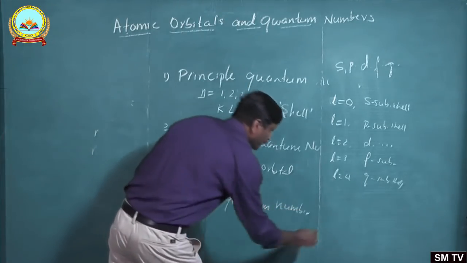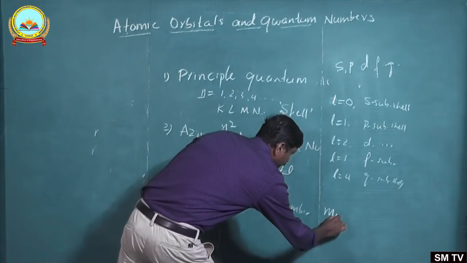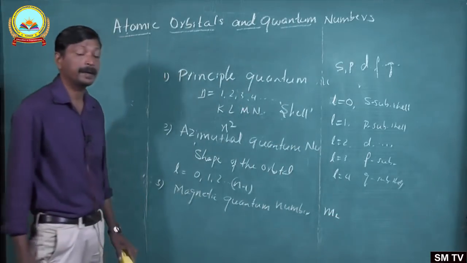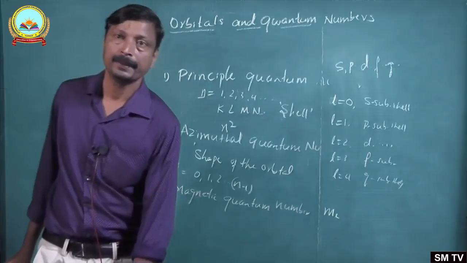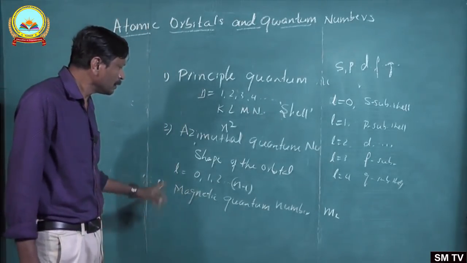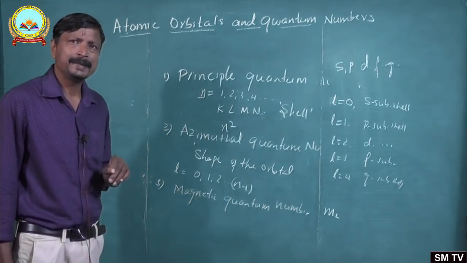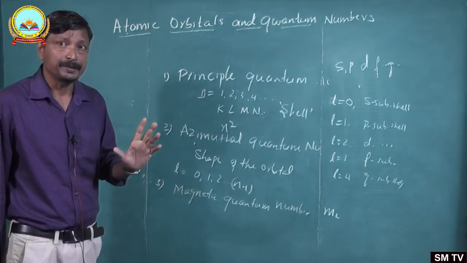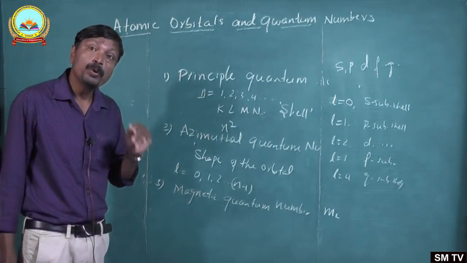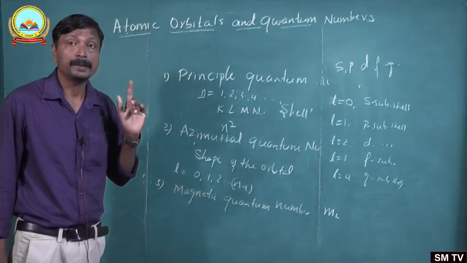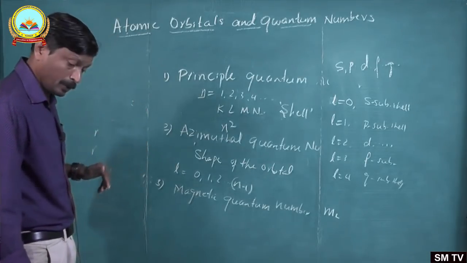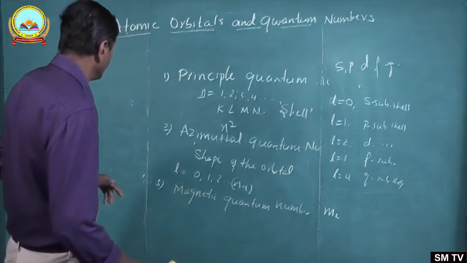It is designated by m with a subscript l, m_l. It's the magnetic quantum number, m_l. See what it describes. It describes the orientation of the atomic orbitals. What are the values of m_l?